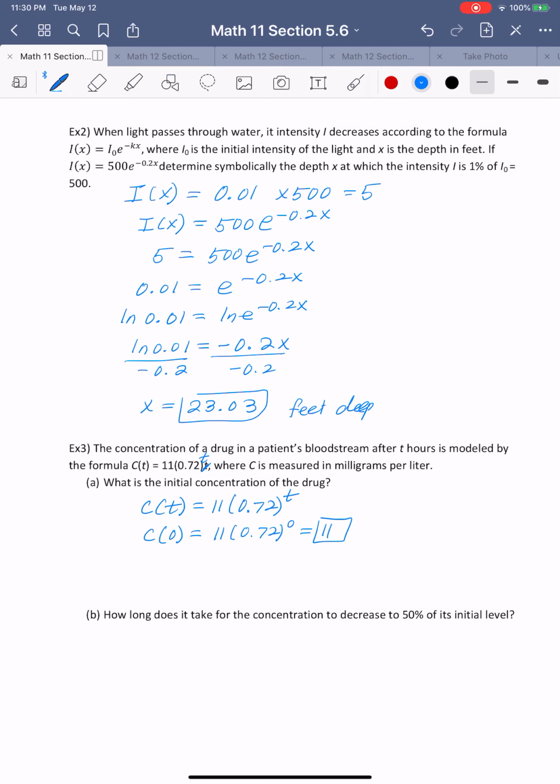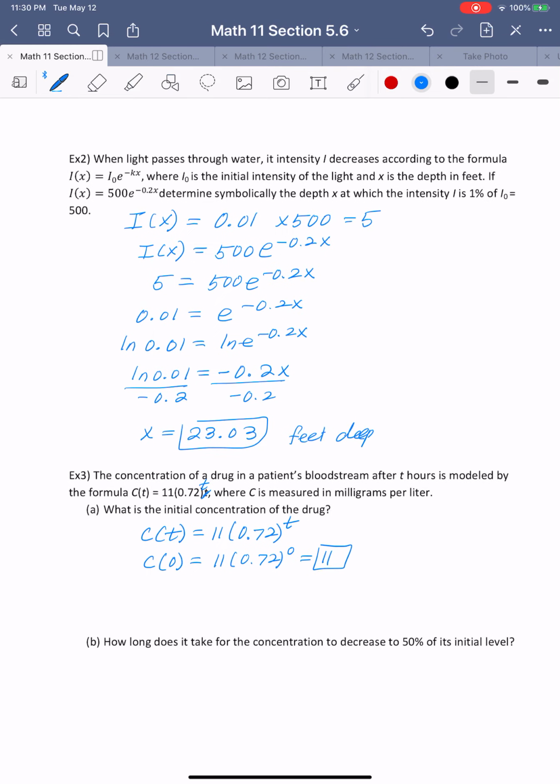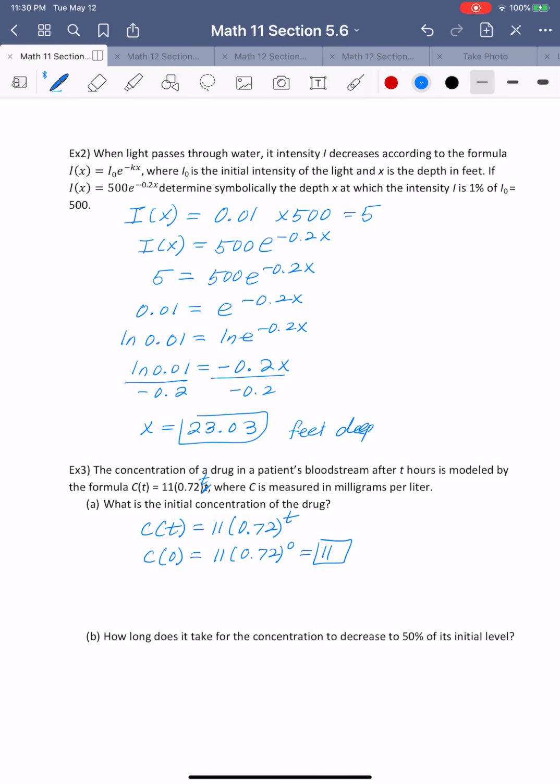Now part B: how long does it take for the concentration to decrease to 50% of the initial level? The initial was 11, so 50% of 11 becomes 5.5 equals 11 times 0.72 to the t-th power, and we are solving for t.